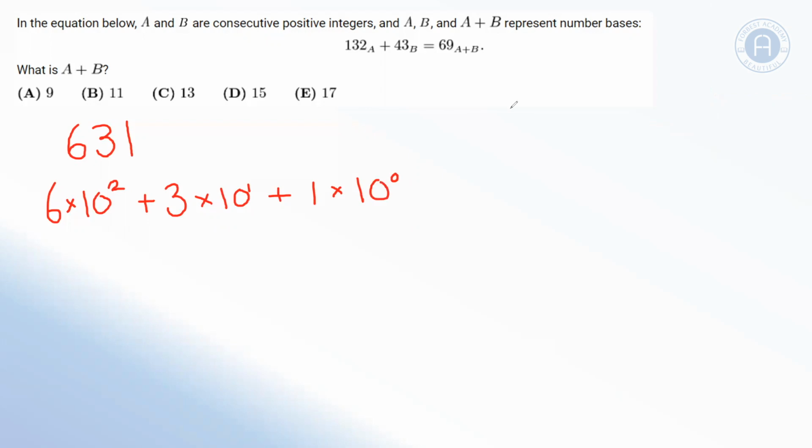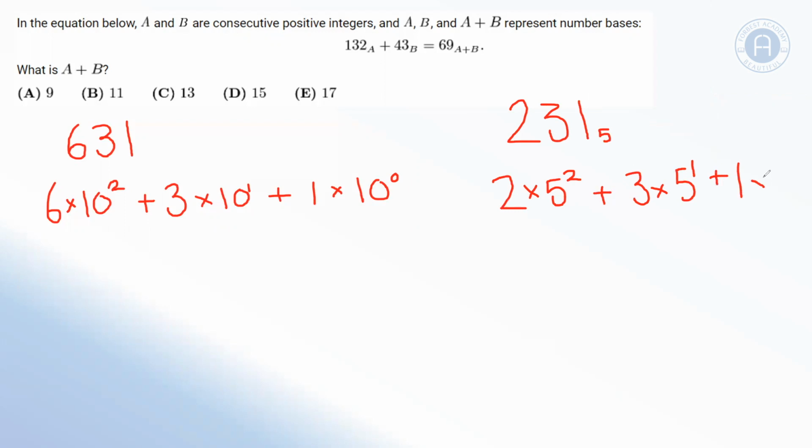In the same way, if I had, say, 231 in base 5, the 2 would represent 2 times 5 to the power of 2. The 3 would represent 3 times 5 to the power of 1. And the 1 would represent 1 times 5 to the power of 0. So that is how number bases work.